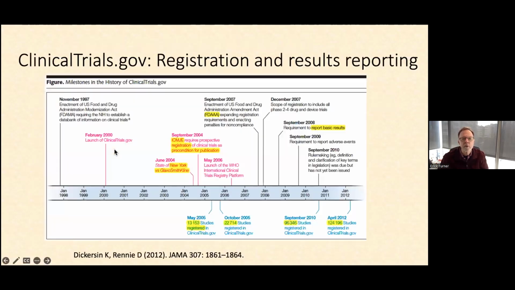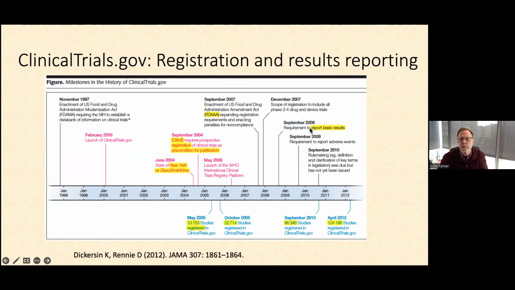But anyway, there are some promising new developments. This is a graphic of what's occurred over the last couple of decades here. The creation of clinicaltrials.gov, and a lawsuit was part of what helped kick things into gear as well. A number of developments here, which I won't go through one by one, but you have the registration of studies before they're done.